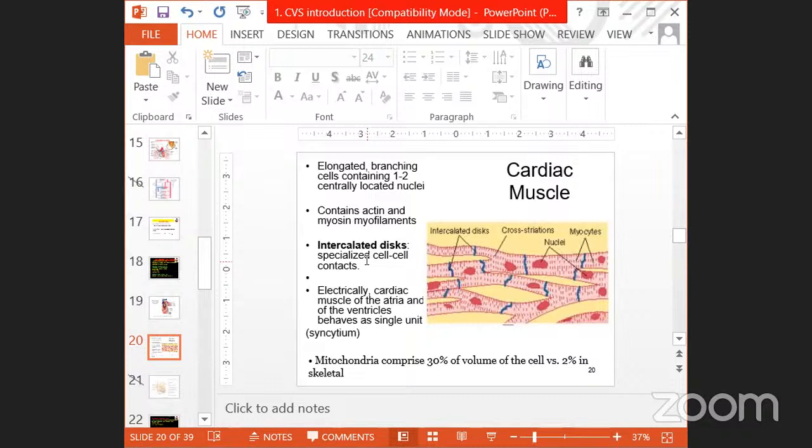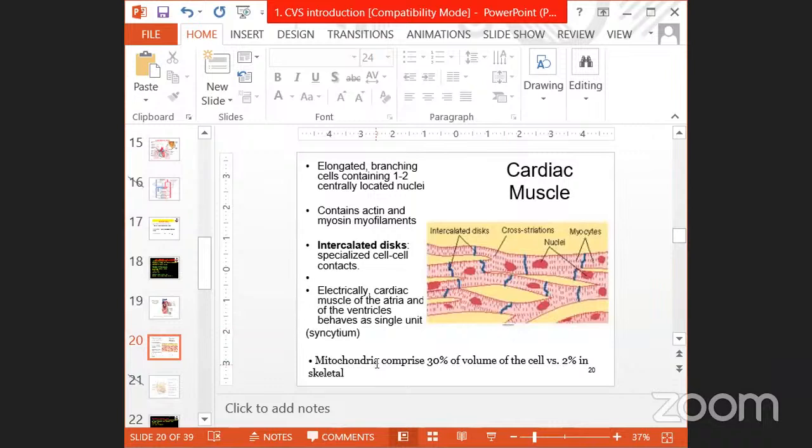So electrically, the cardiac muscle of the atria and the ventricle behave as a single unit because the cardiac muscle possesses gap junctions. Because of gap junctions, the atrial musculature and the ventricular musculature act as a single unit, and that is known as syncytia: atrial syncytia and ventricular syncytia.